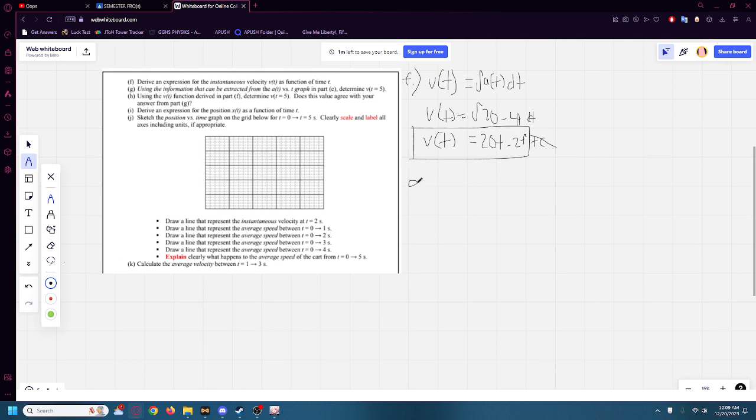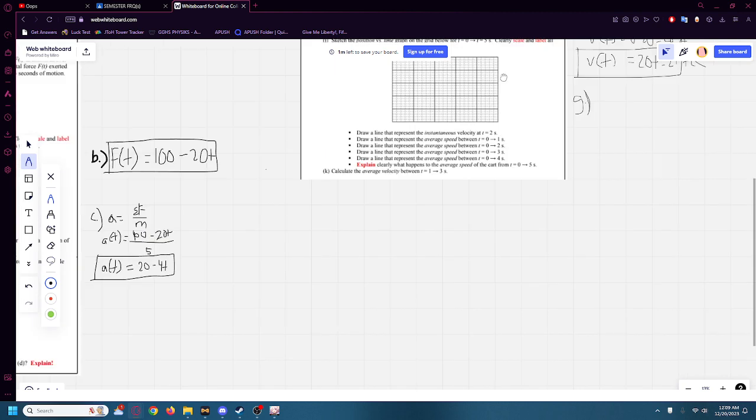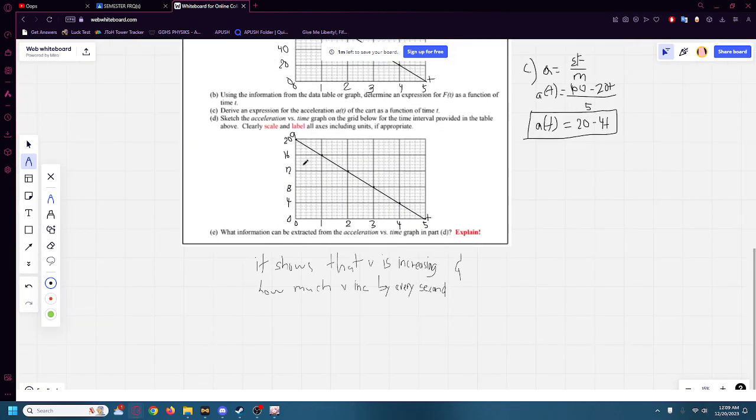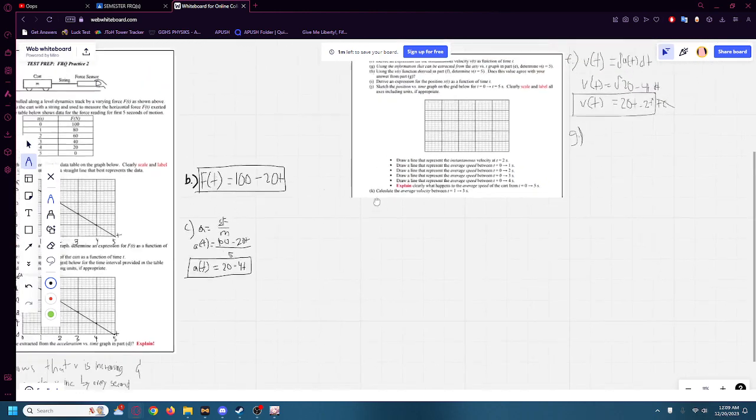G asks to find the velocity from the graph. So from here it shows 20 going down to 0 over 5 seconds.